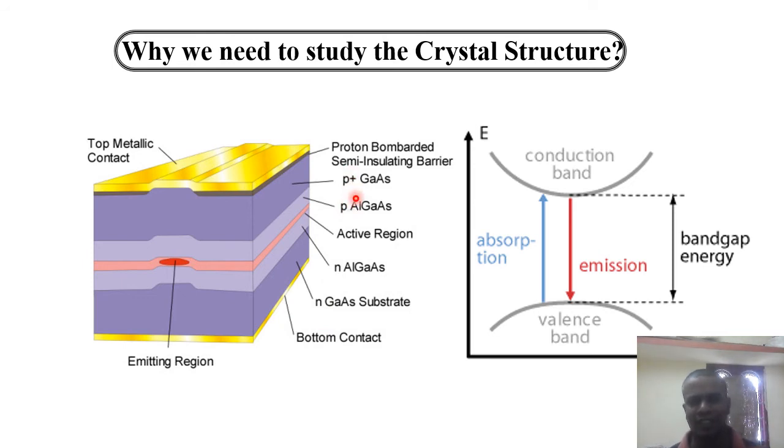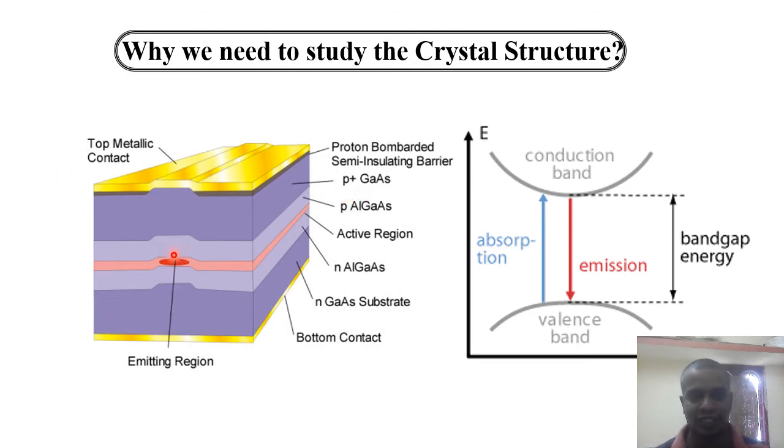So if you look at gallium arsenide and aluminum gallium arsenide, these two kinds of materials we are using to generate the light. These materials are semiconducting materials. It is a crystal material, having some ordered arrangement of atoms inside the material. So we are choosing this kind of crystal structure to generate the light source.